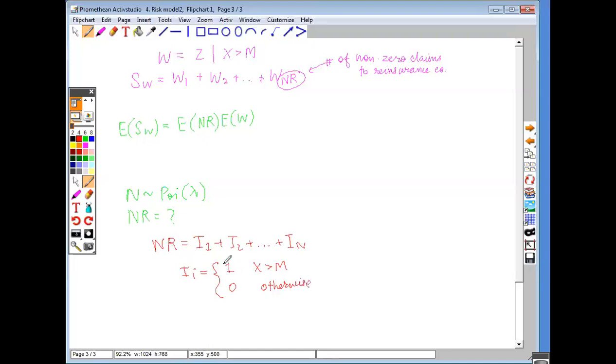Essentially, we know that our n is going to take values like 0, 1, 2, 3, and so will our NR.